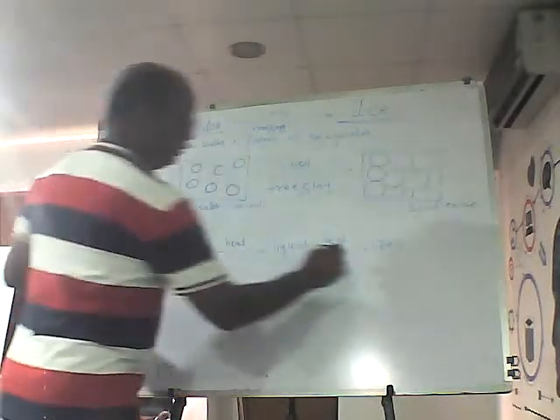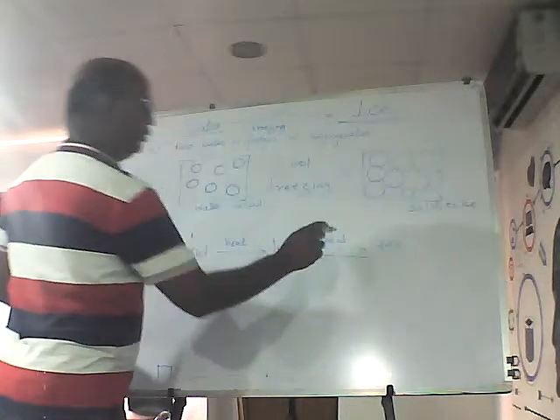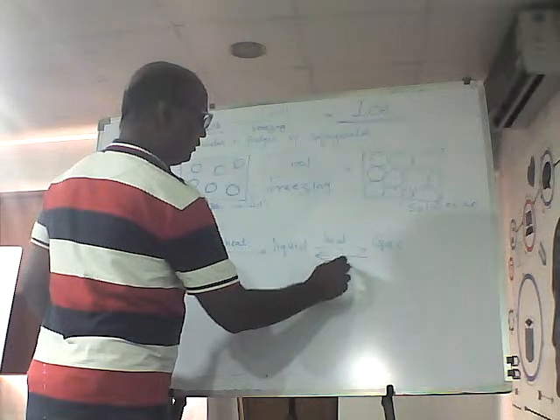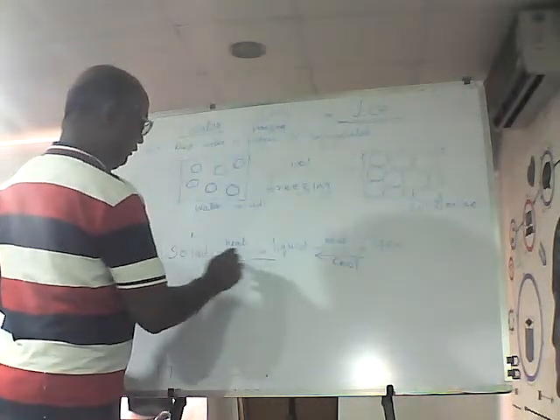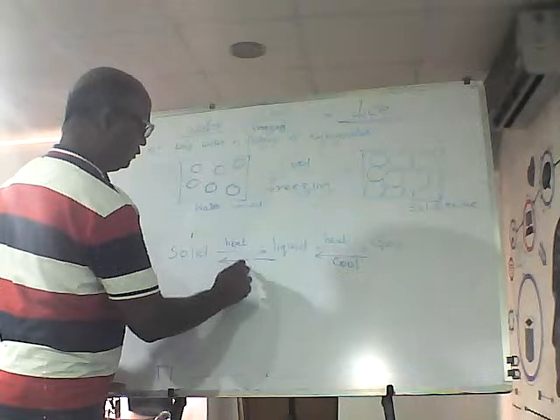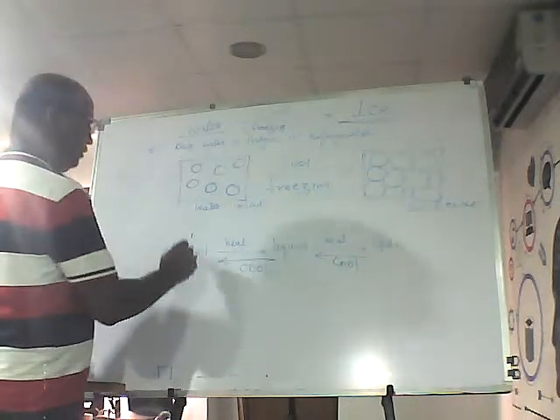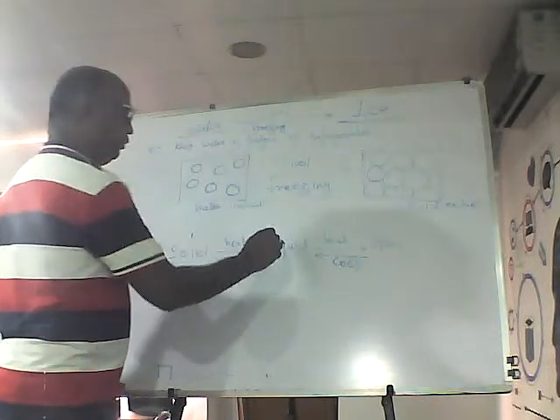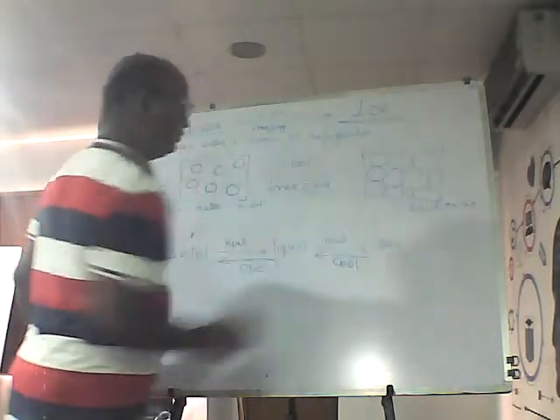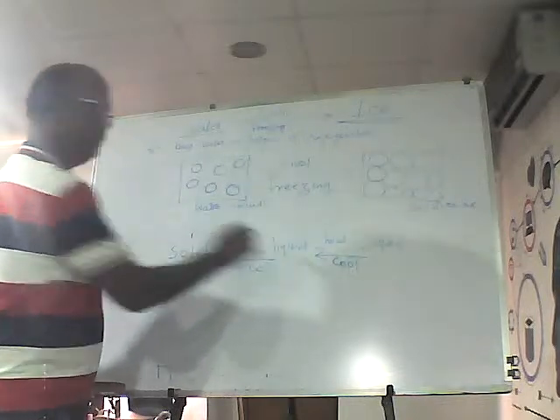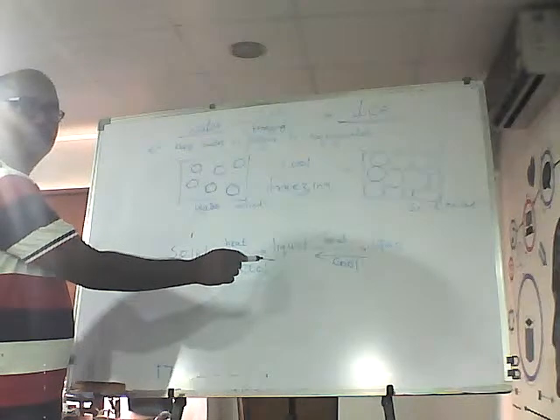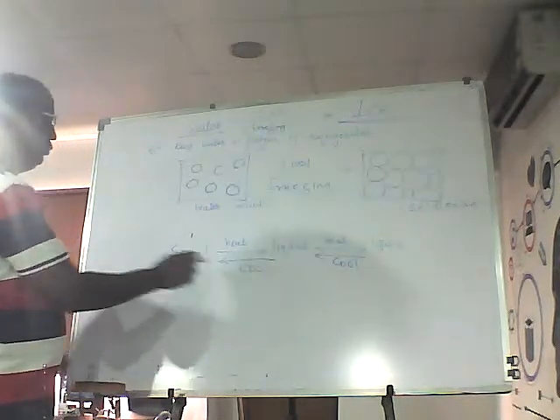But when we cool the gas, gas will convert into liquid and liquid will convert into solid. So you heat, the molecules move away from each other, it converts into liquid and liquid converts into gas. You cool gas, gas converts into liquid and liquid converts into solid.